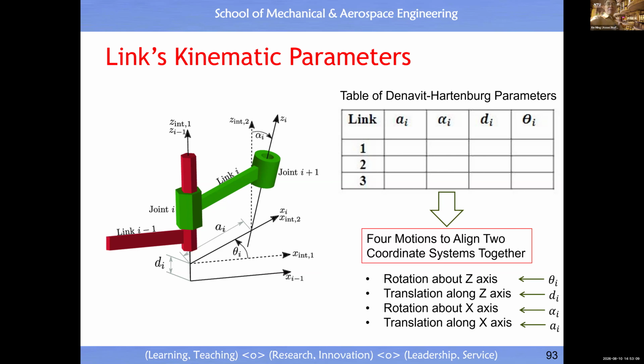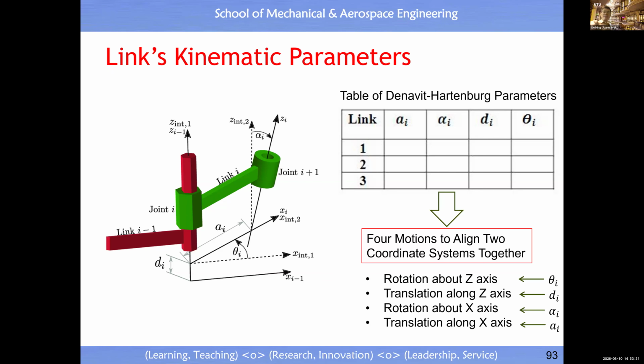After that, you translate along the z-axis, which is the kinematic parameter d i. Then we rotate about the x-axis, and the angle is alpha i. Then translate along the x-axis, which is a displacement of a i.